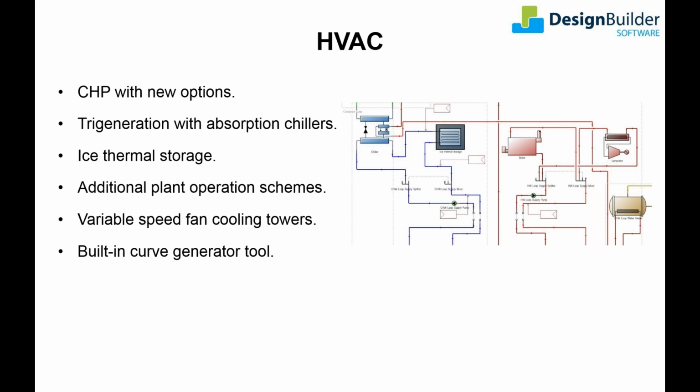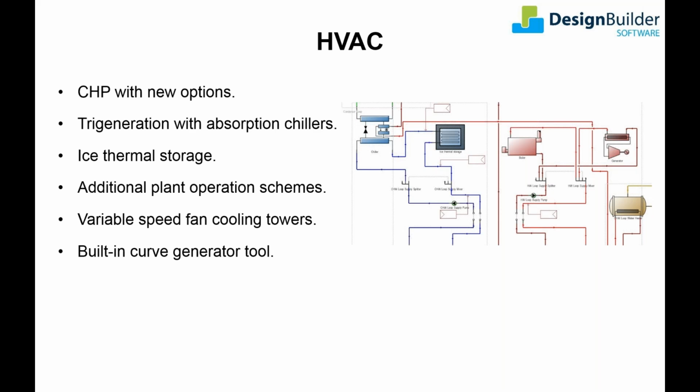Isothermal storage and additional plant operation schemes allow off-peak electricity to charge thermal stores. Variable speed cooling towers and a new built-in curve generator tool allows curves to be quickly added to models based on manufacturer's data.